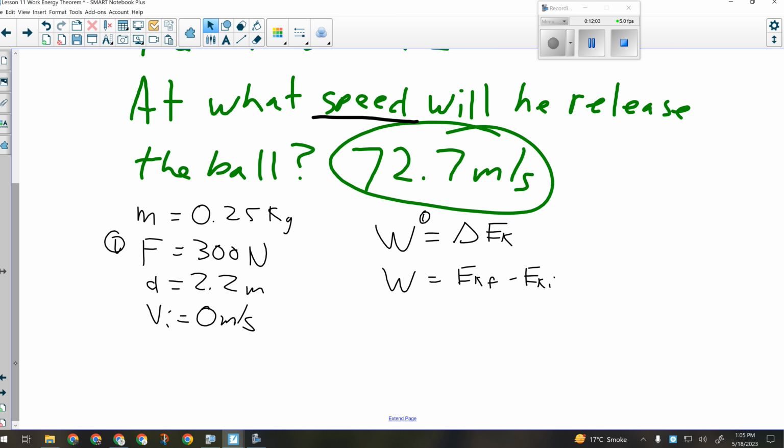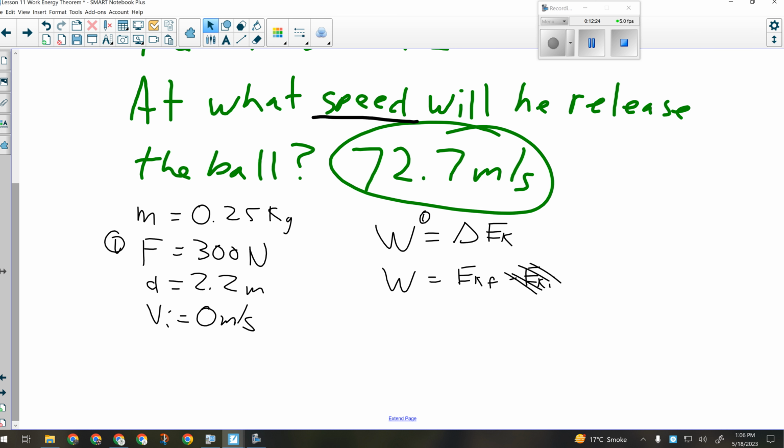What's my initial kinetic energy? 0, right? If the person is just holding the ball and it isn't moving, it has no kinetic energy at the beginning of this. Before they start their windup, the ball has no kinetic energy, which means I can take this out because subtracting 0 does nothing.